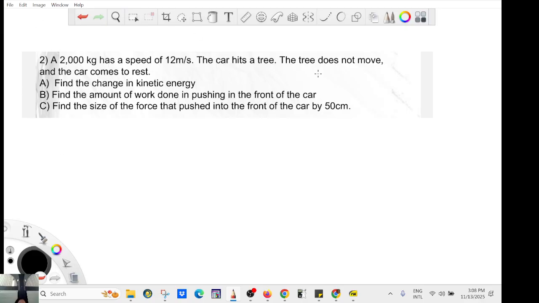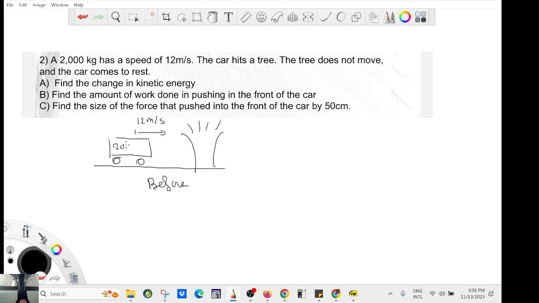Okay, so you have the tree. So you have a speed here. That's before, right? So you have 2000 kilogram.